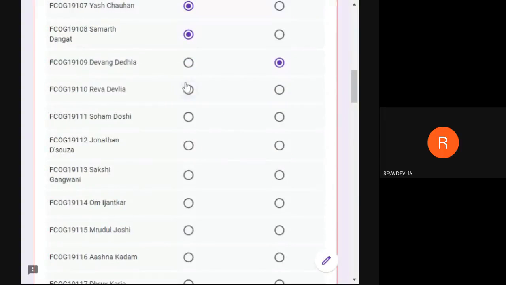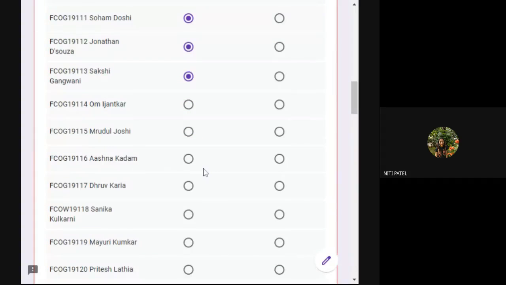Reva. Soham. Jonathan. Sakshi present. Dhruv. Present, ma'am. Sanika.